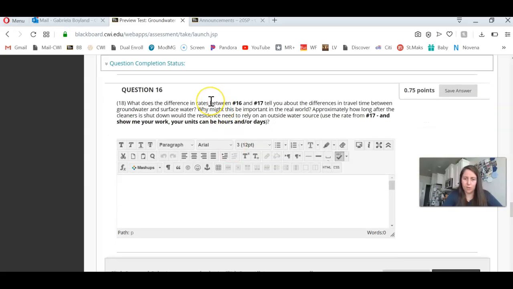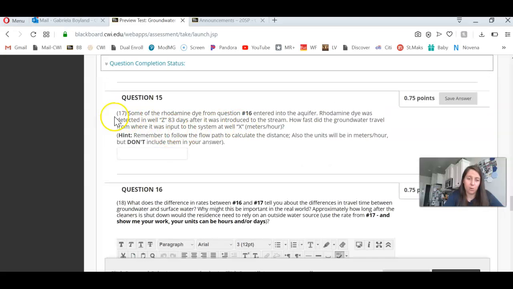And again, question 18 is going to be both numerical and also short answers. So overall, I have it as a short answer. But because you do need to tell me how long after the cleaners is shut down would the residents be having to rely on the outside water source, you also have to give me some sort of mathematical operation of what you used, using the rate that you have for question 17.